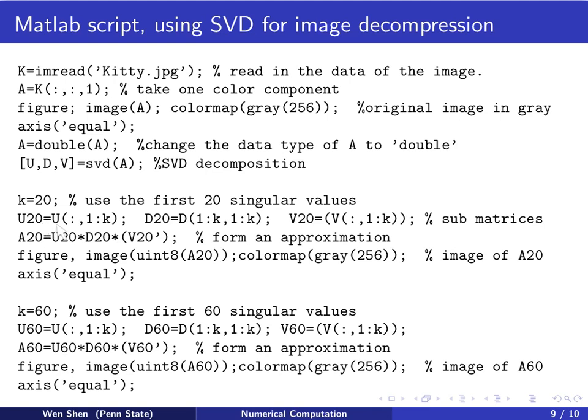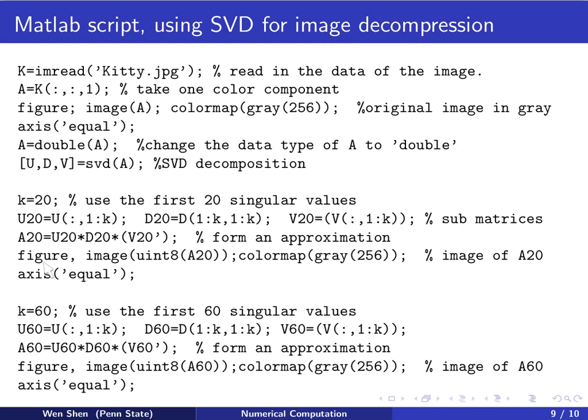U20 will be taking the first 1 to 20 columns of U, and D20 will be taking the first K diagonal elements of D, and the V20 will be again taking only the first 20 columns of V. And then the A20, this AK matrix, is formed by this product, U20 times D20 times V20 transpose. This is to form an approximation to the A matrix.